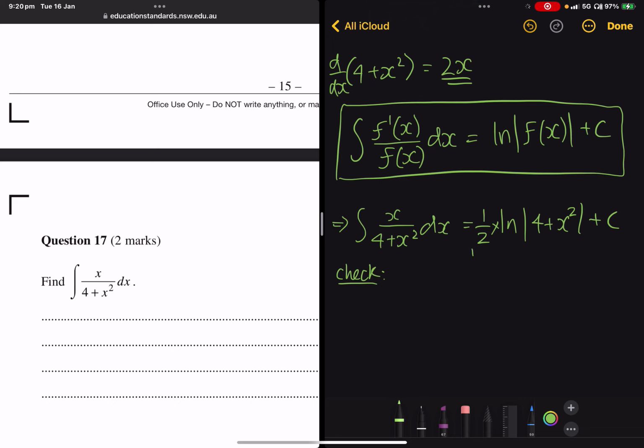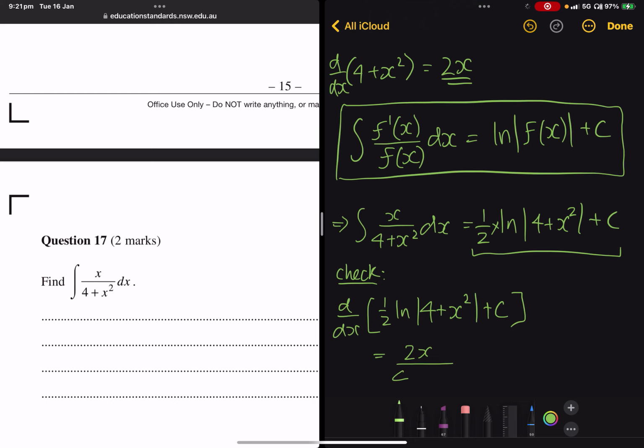So if we differentiate this, d dx of 1/2 times the natural log of 4 plus x squared plus a constant, the constant goes away. The derivative of the natural log is the derivative of the inside, which is 2x, over the inside, which is 4 plus x squared, and this is all multiplied by a half.